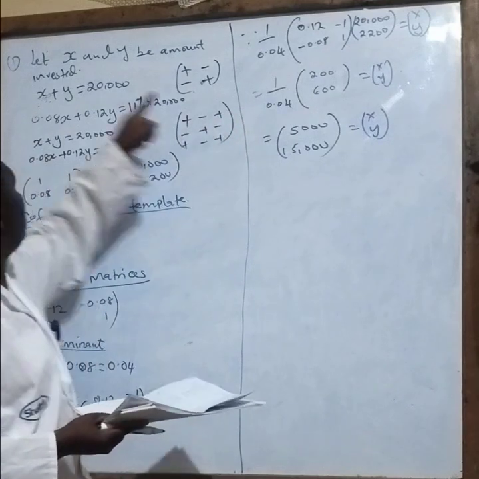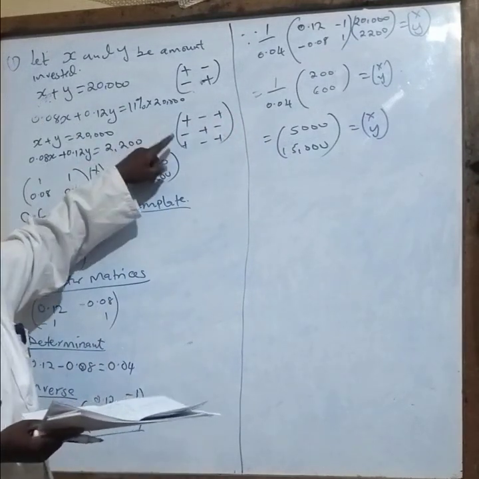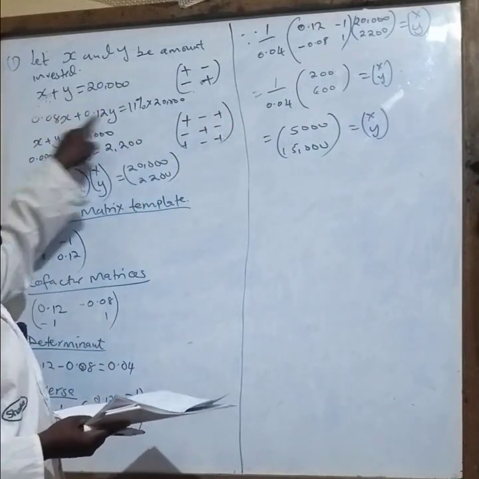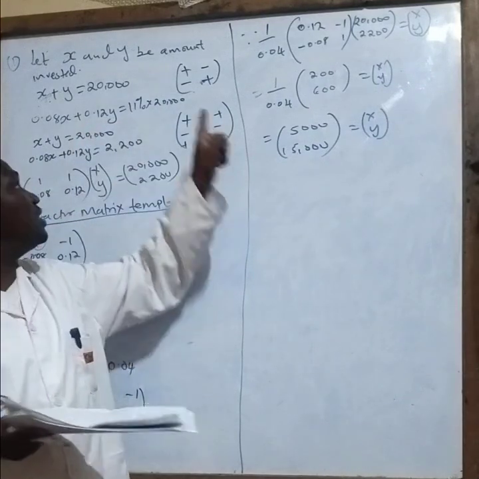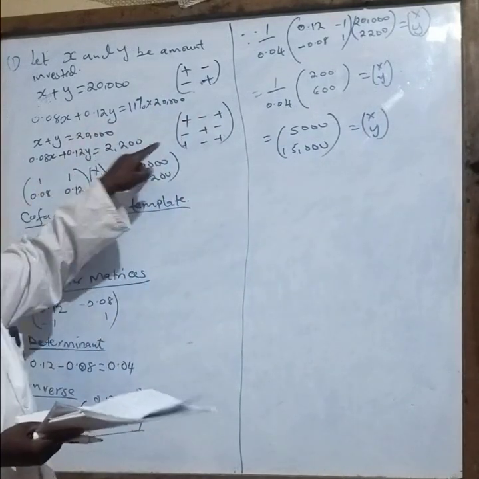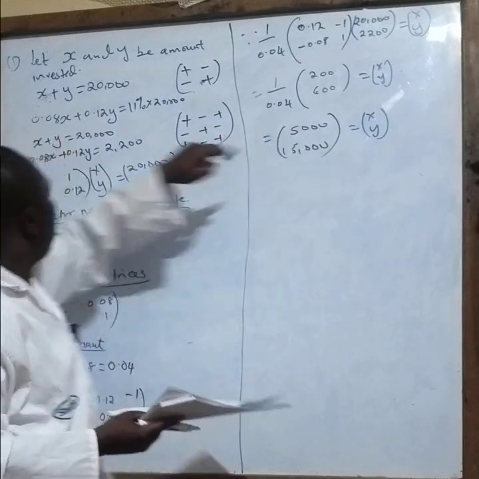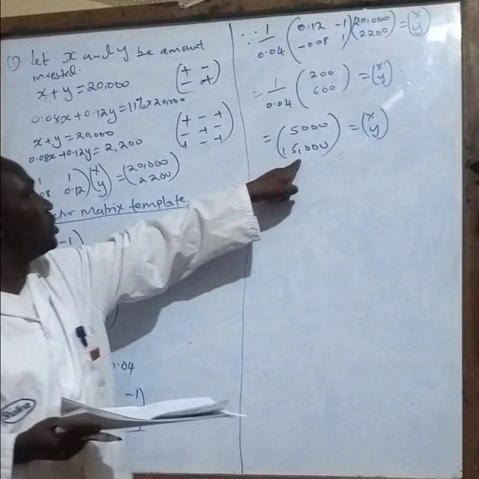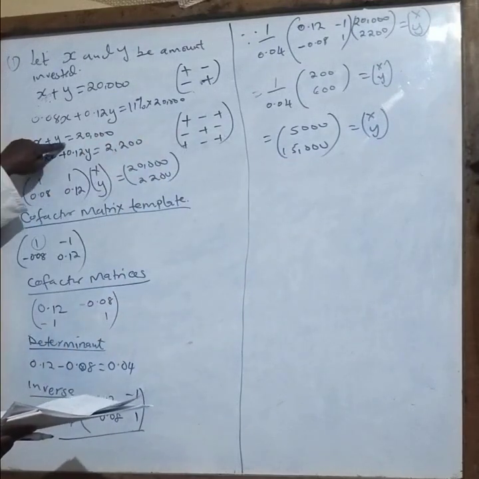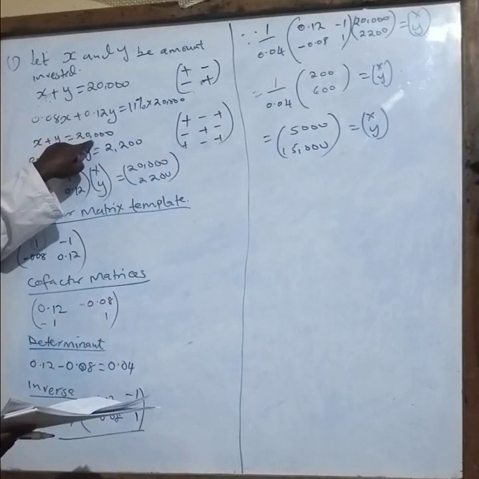If you try to substitute in any of these equations, either the first equation or the second equation, you must get the answers that you have equated here. For example, x is 5000 plus y is 15,000. So 5000 plus 15,000, you get 20,000.